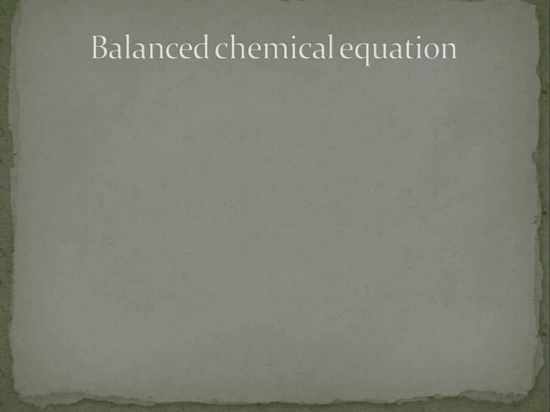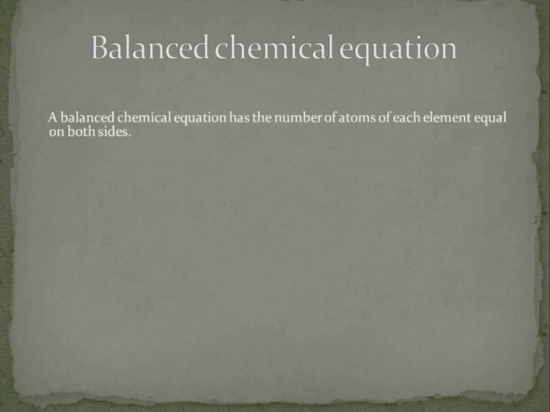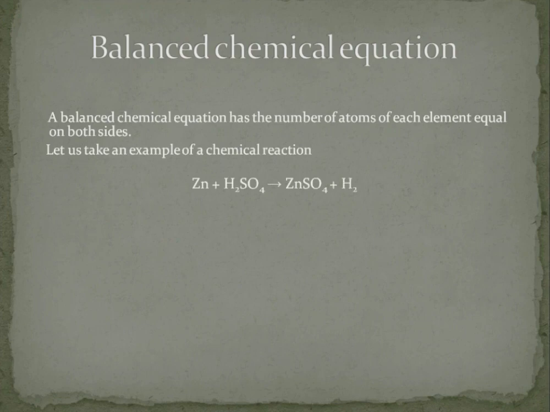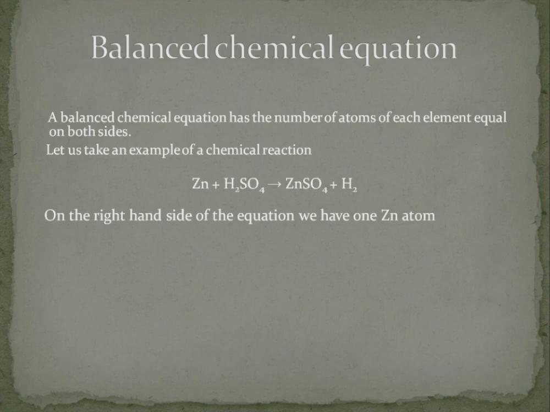Moving on, balanced chemical equation. A balanced chemical equation has the number of atoms of each element equal on both sides. For example, on the right hand side of this given equation, we have one zinc atom.